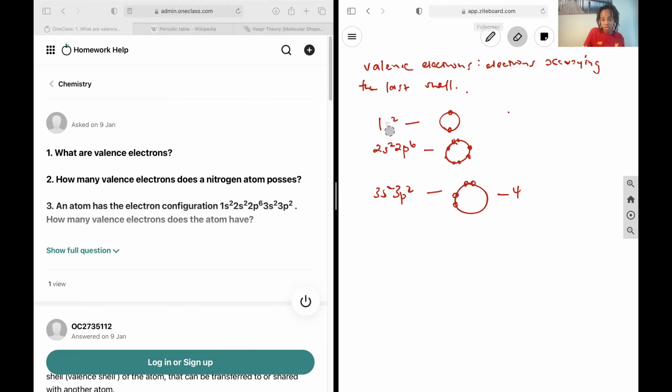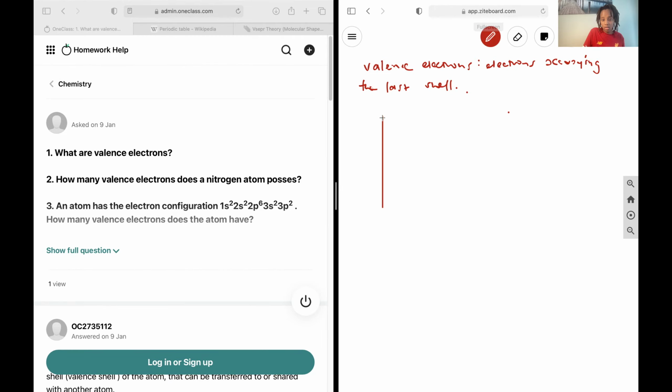Alternatively, you can write it out in the more accurate way, where you write out the orbitals. So you have 1s, 2s, 2p, 3s, 3p.